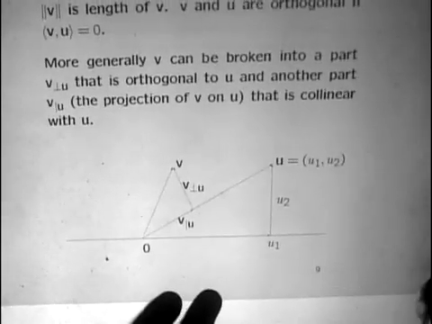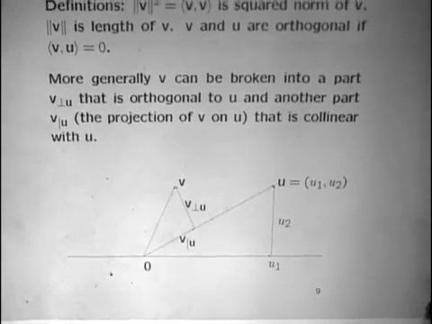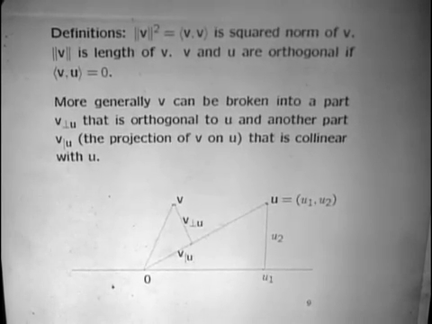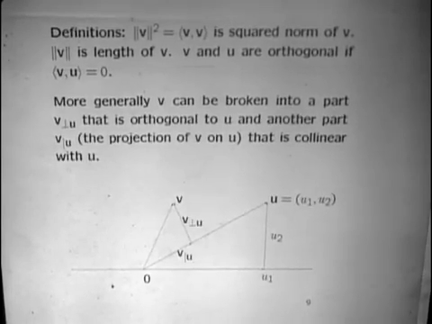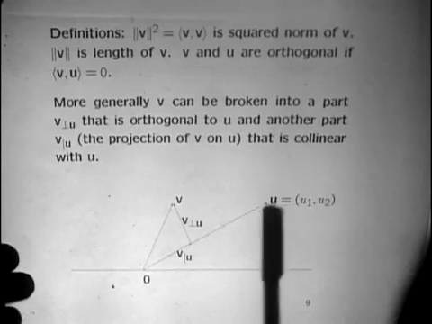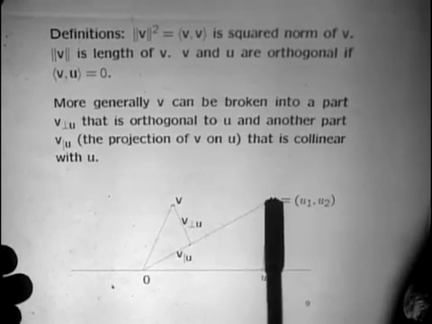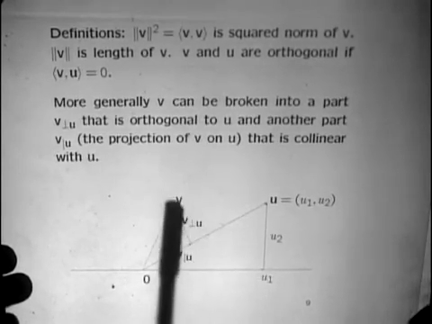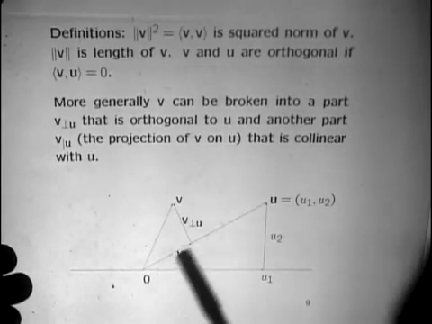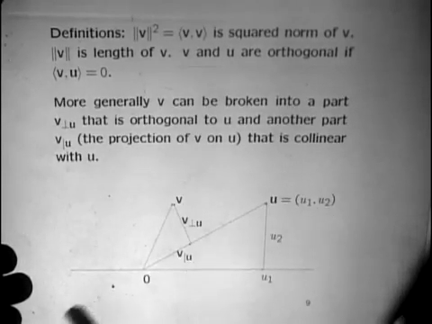But first I'm going to do something called the one-dimensional projection theorem, which is something you all know, but you probably have never thought about. Okay? And what it says is if you have two vectors, v and u, you can always break v up into two parts, one of which is on the same line with u.